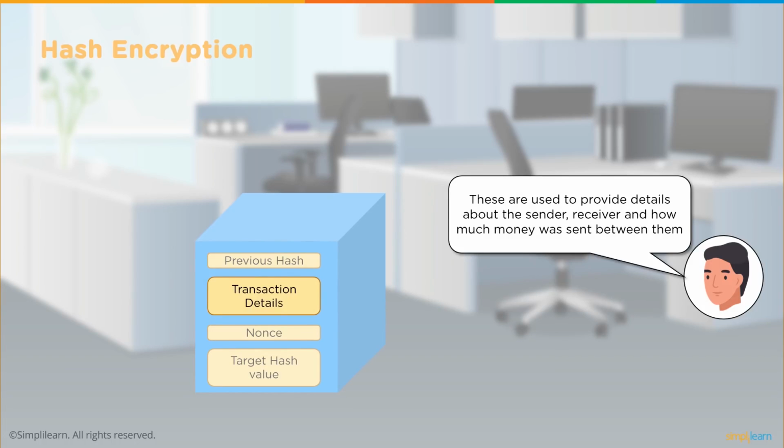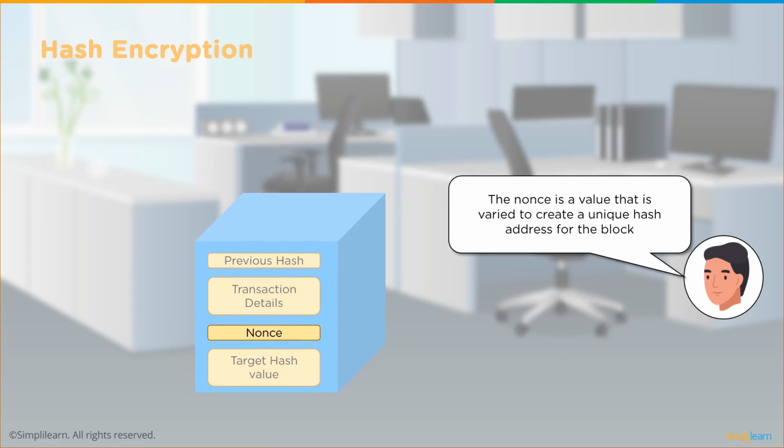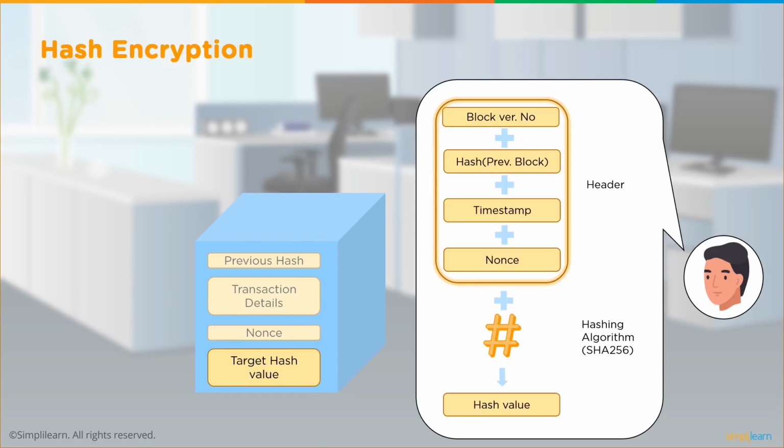This is a list of transactions, structured in a Merkle tree, and the hash of the Merkle root is put in the header. Nonce is a value that is varied to create a unique hash address of the block, which should be less than the target hash value. So this is the structure of the header. It has a block version number, basically the sequence number of the block. It has the hash of the previous block, the timestamp when the block was mined and verified, and the nonce value.